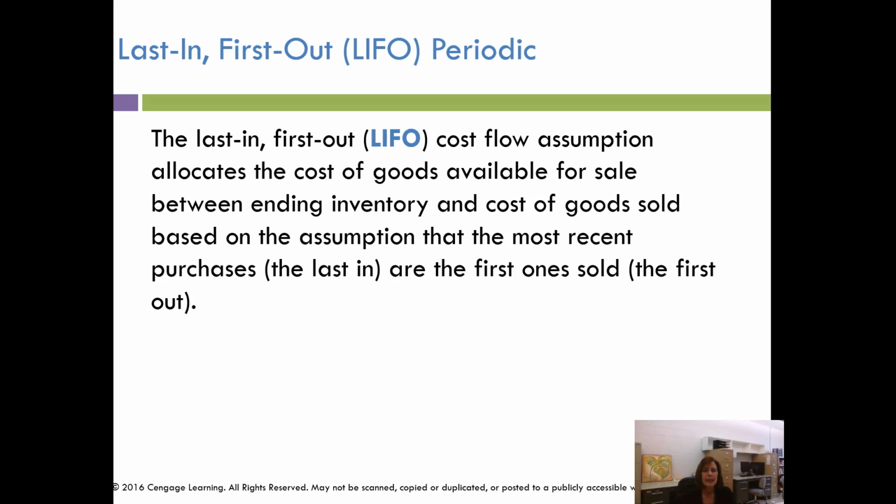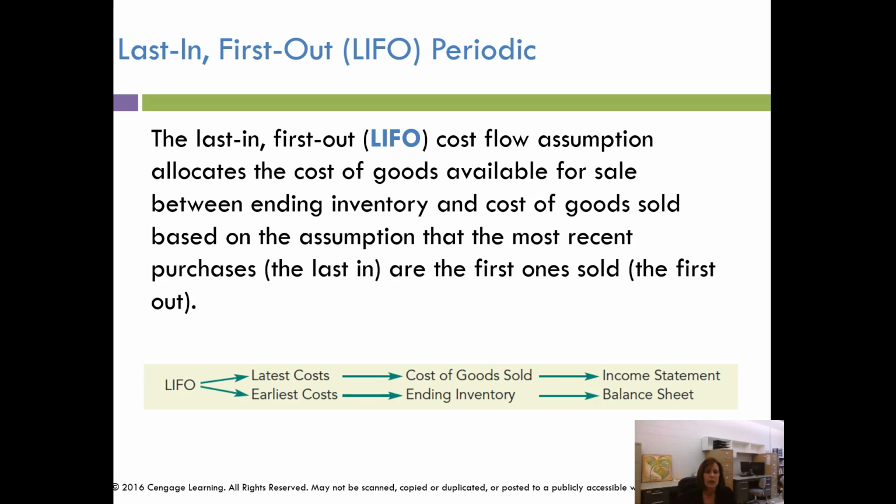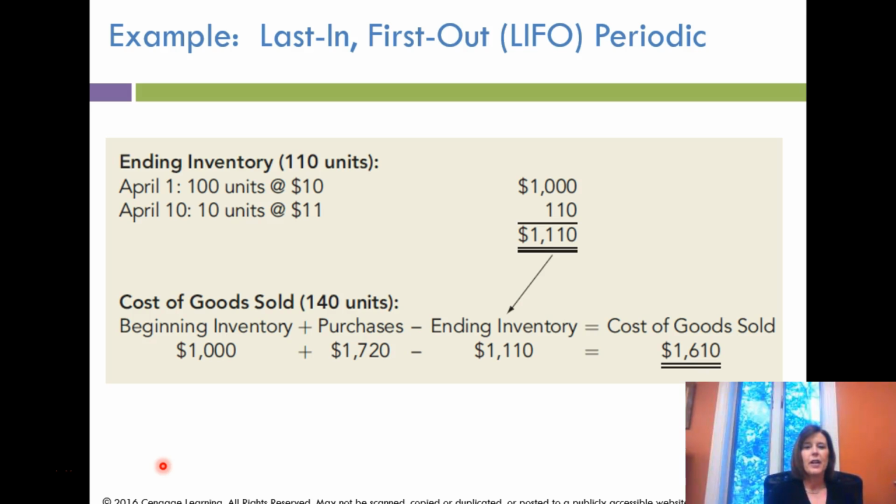Now we go to the last in, first out cost assumption under the periodic method. So again, this is going to assume that the stuff that we bought most recently is the stuff that was sold first. Sorry, I had a little change of scenery here.